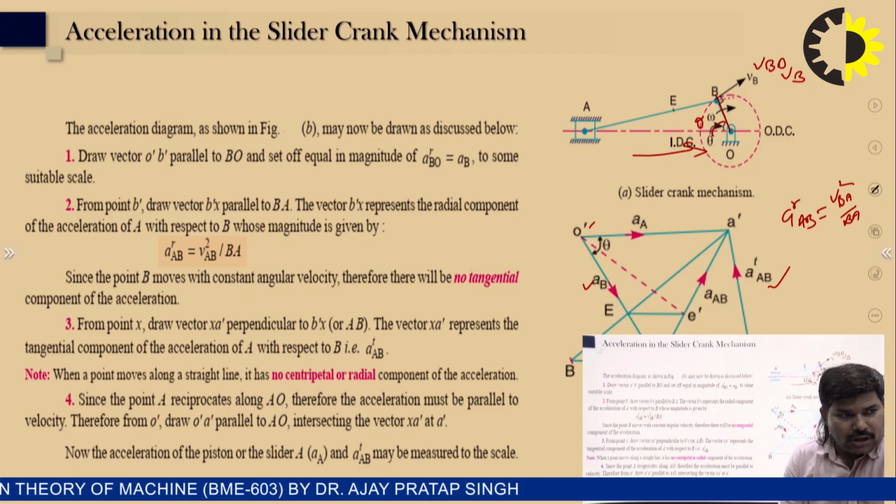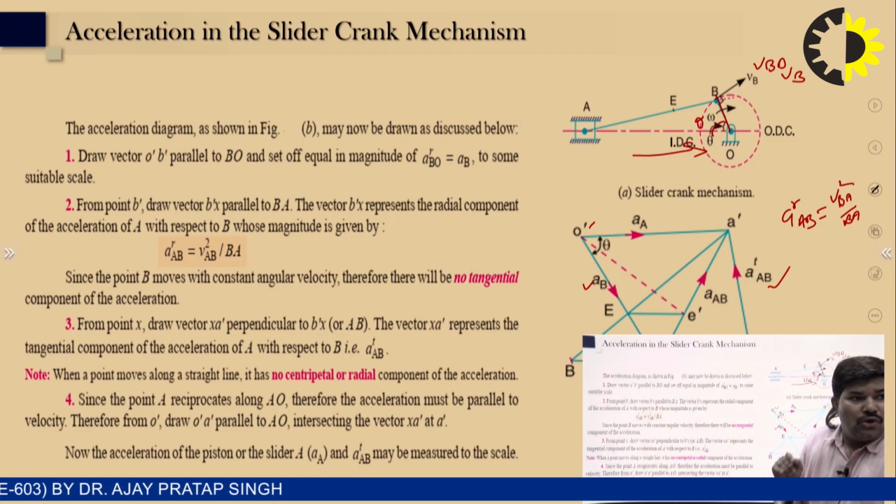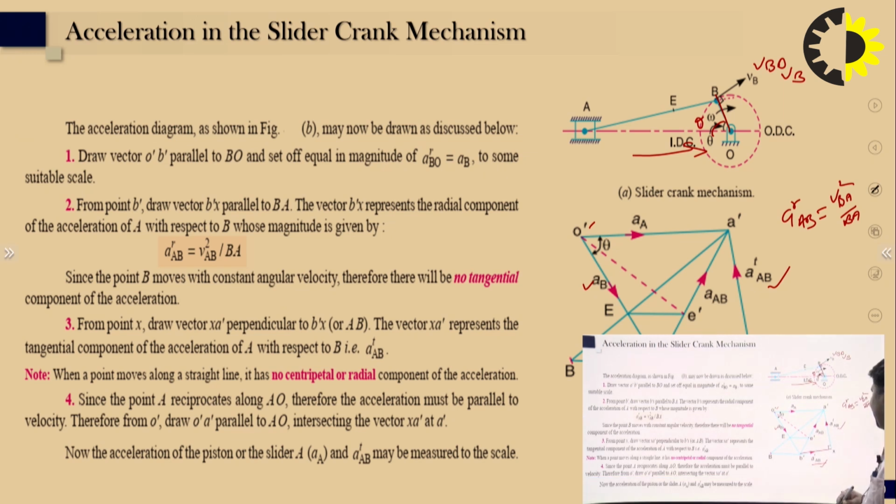Therefore, from O dash, draw the line O dash A dash parallel to the line of stroke, and it intersects the vector x A dash at the point A dash.